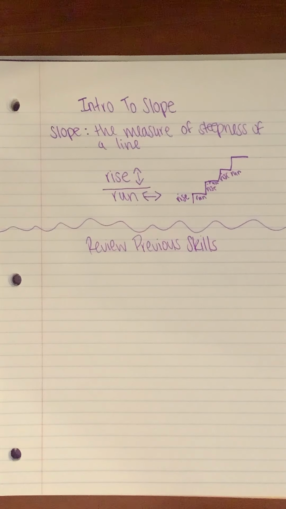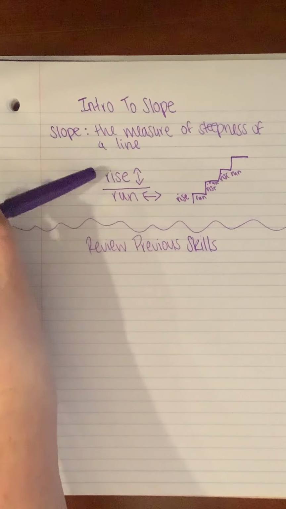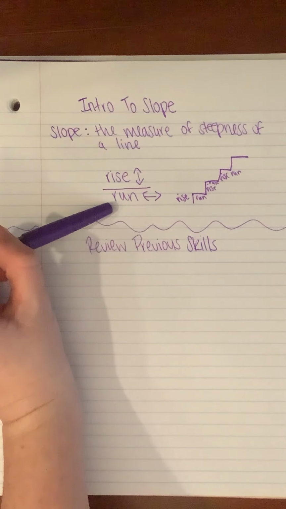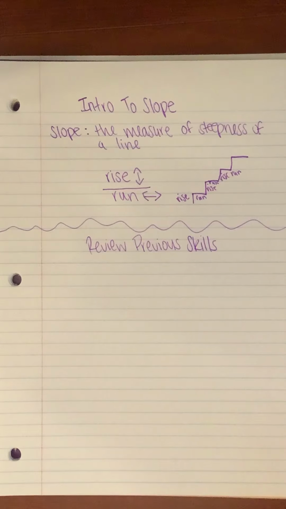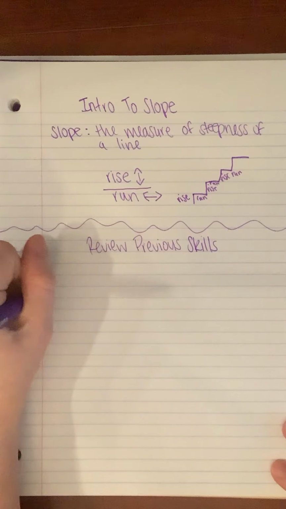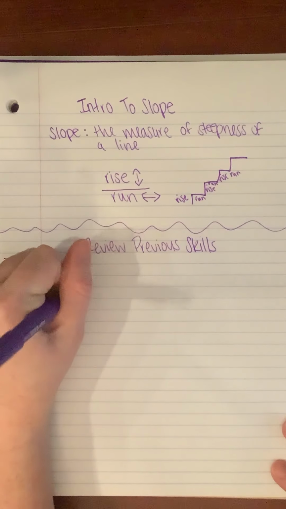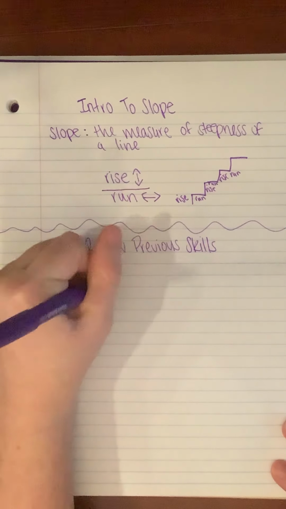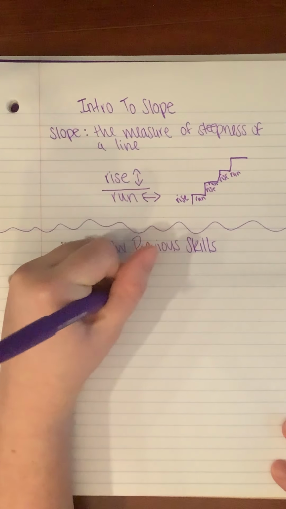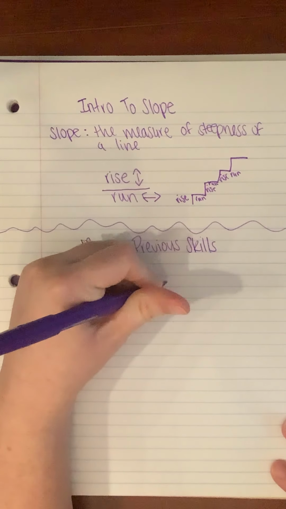All right, so the first skill: notice when we took a look at slope, we had rise divided by run. That is also a fraction. So one skill that we need to review is how to simplify fractions, because that is definitely going to come in handy.